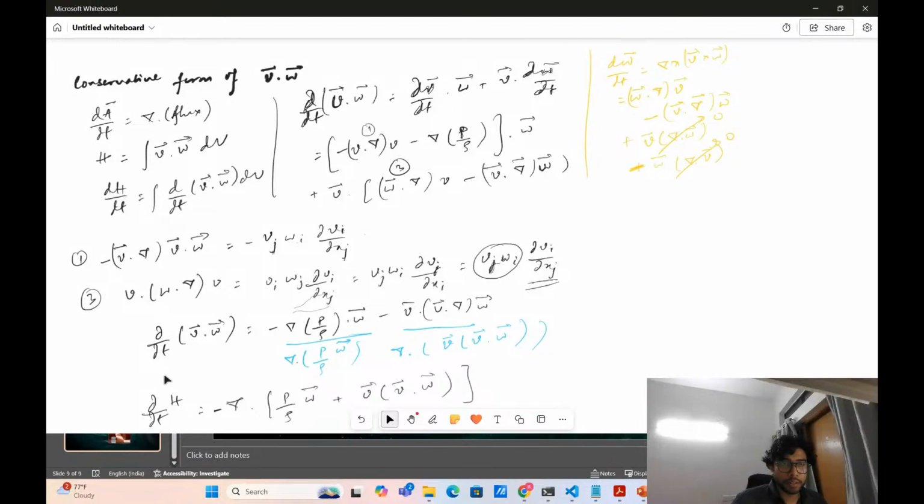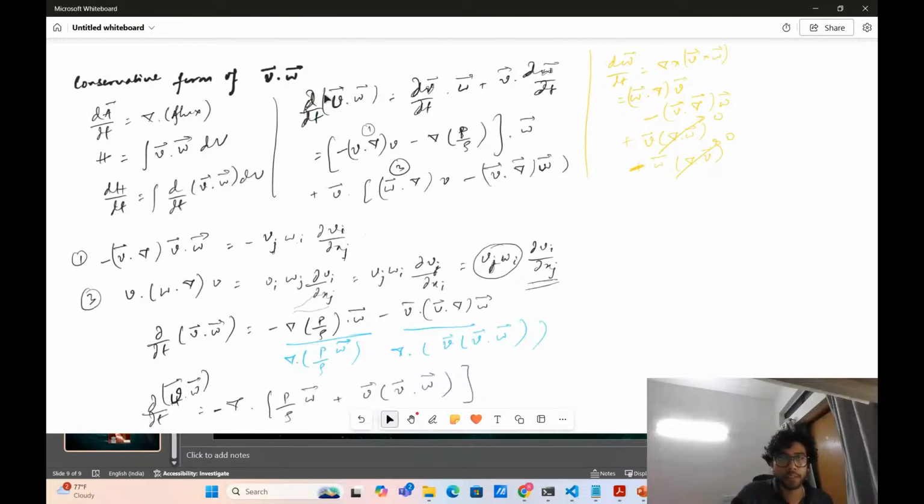Well, to be honest, this is not h actually. This should be p dot omega only, right? Because h is only if you integrate over volume. Okay. So maybe the confusion is because we started with an integral form and then we converted it into a different equation, right?